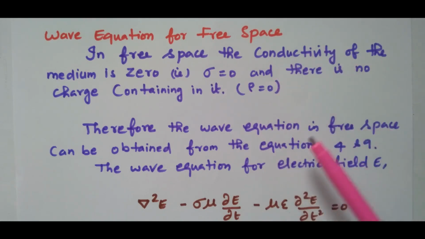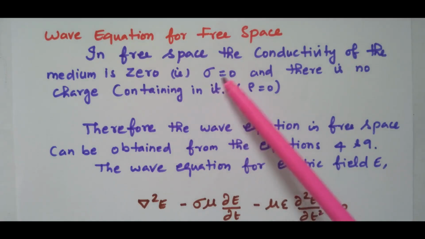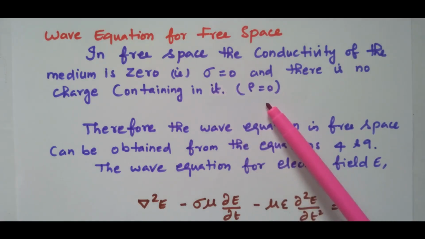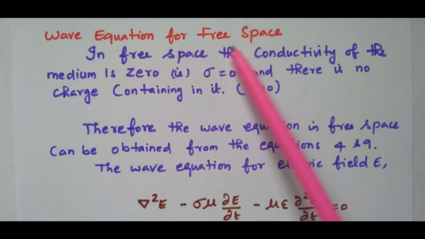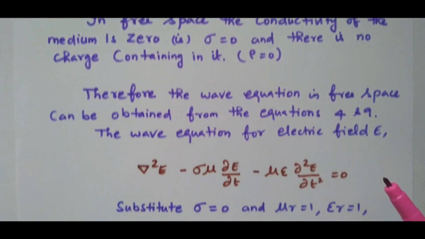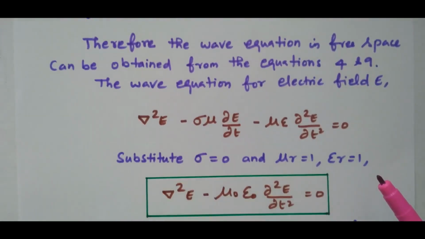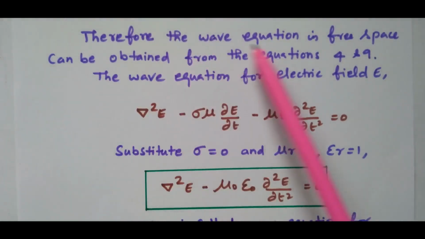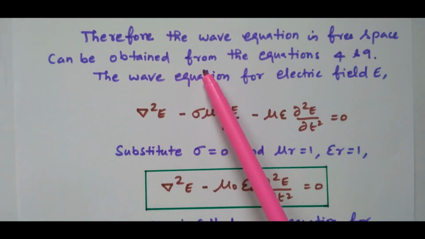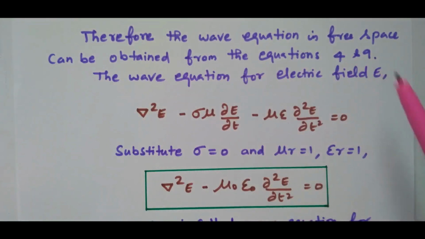There is no conductivity and no charge available. So in the previous wave equations for the electric field and magnetic field, we substitute sigma equal to 0 and rho equal to 0, so that we get the wave equation for free space. We will see them one by one. Therefore, the wave equation in free space can be obtained from equations 4 and 9.